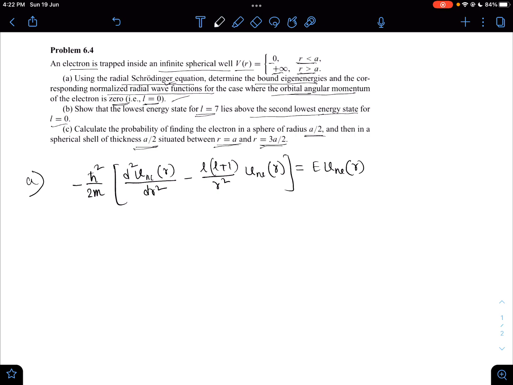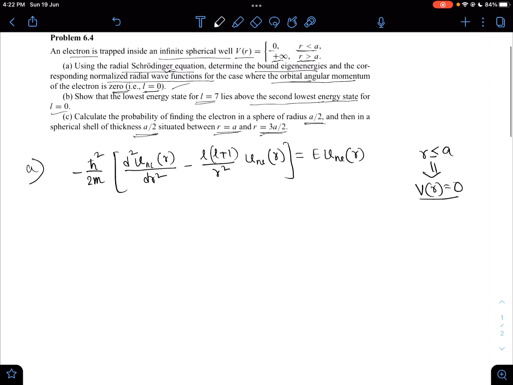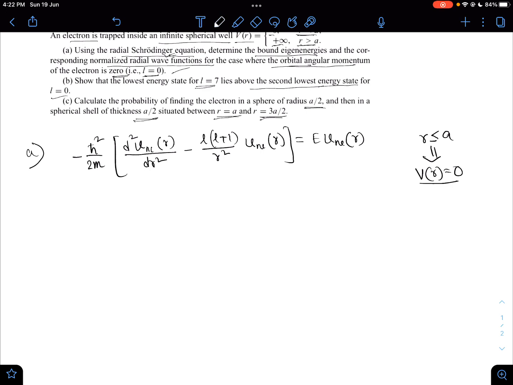It is in the region r less than or equal to a, where our potential is 0. And we know that u_nl is defined in the following way: u_nl(r) equals r R_nl(r).